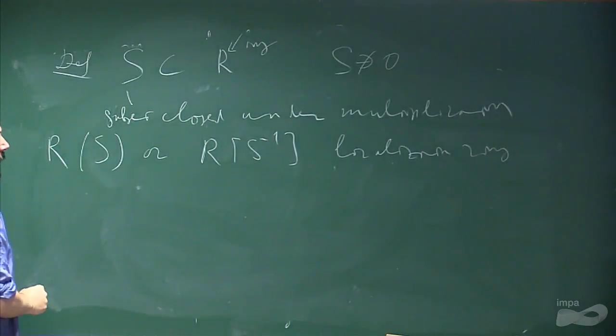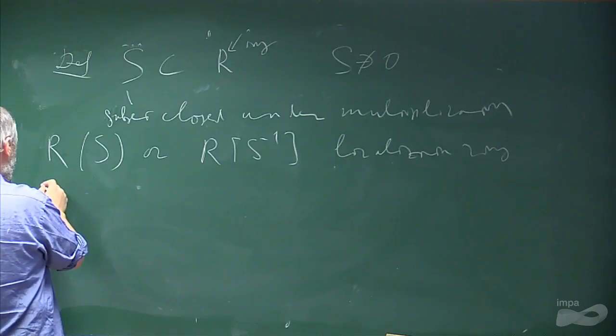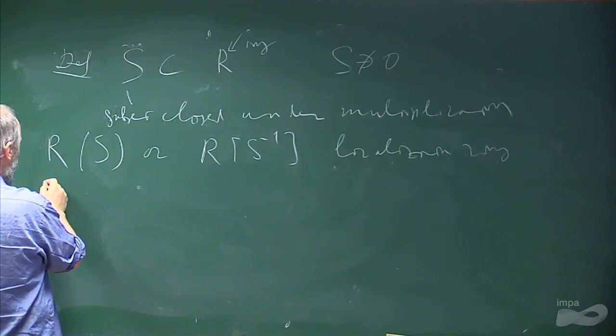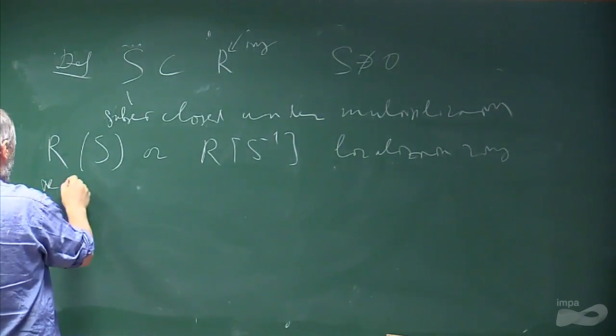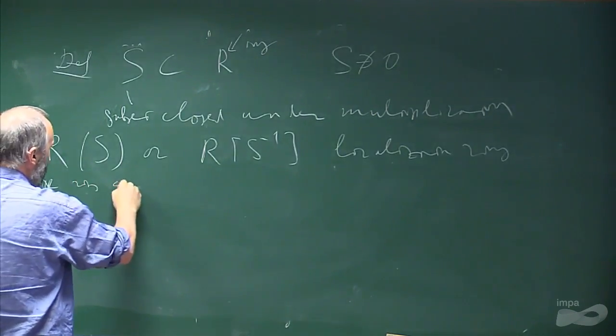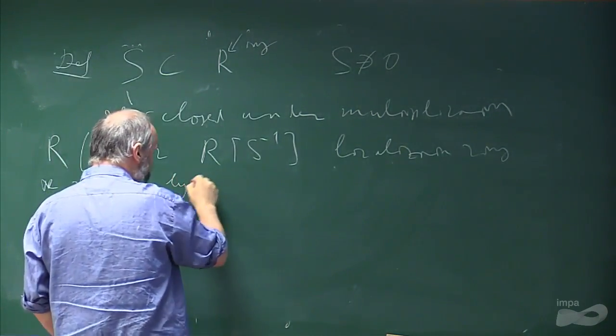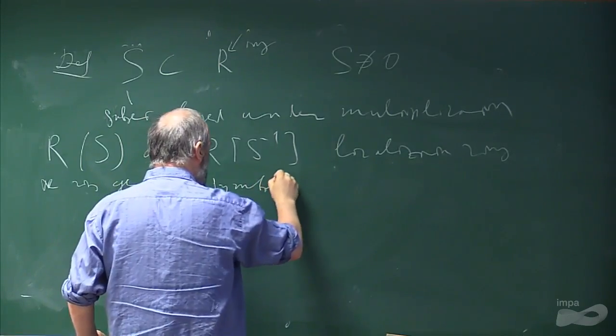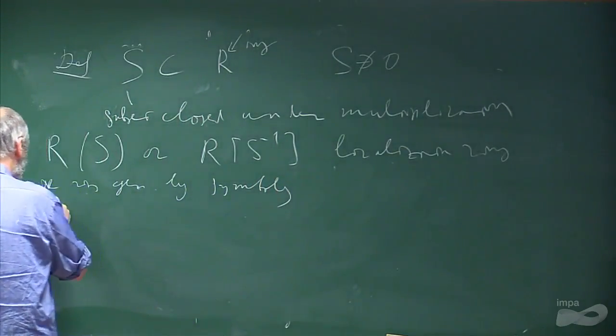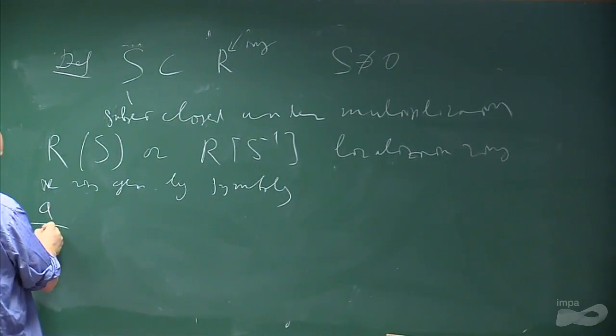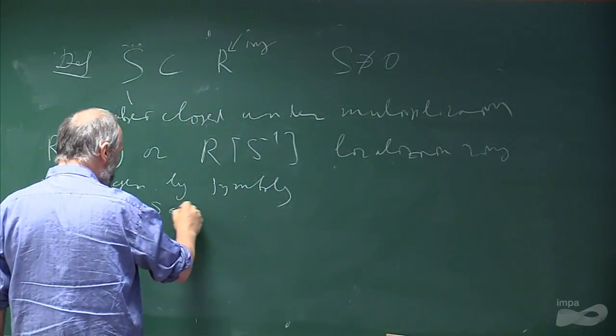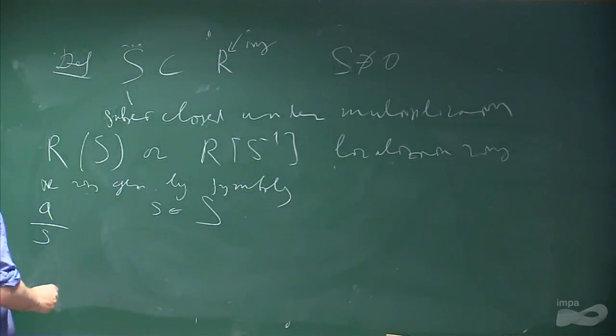It's not interesting. So it's fractions: the ring generated by symbols A quotient by S, where S belongs to our set S, and relations.